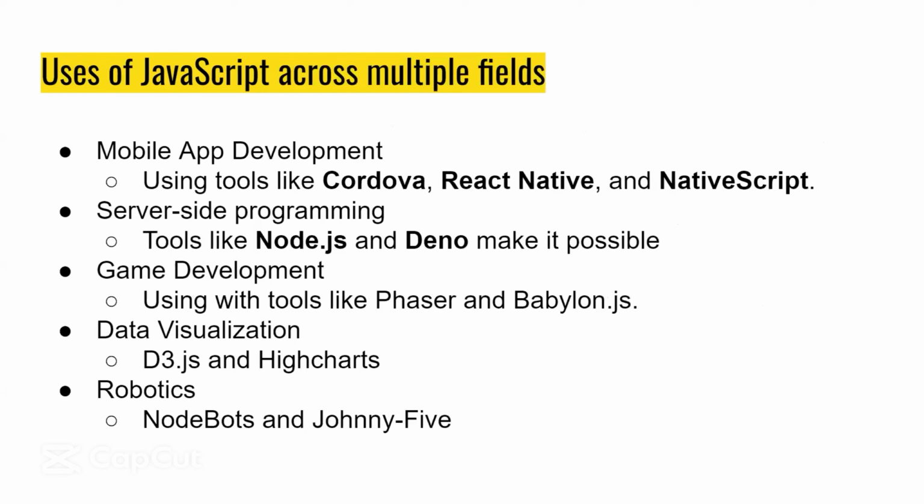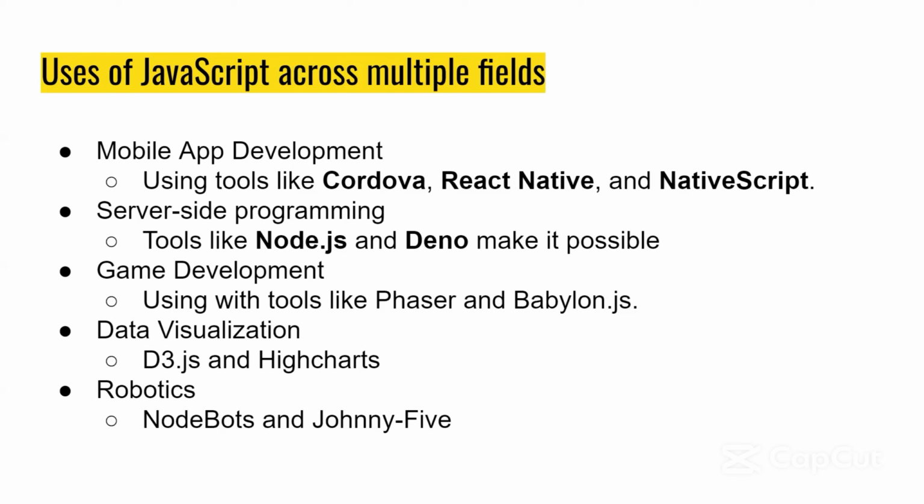And talking about the uses of JavaScript, like I said, it was initially developed for web development. But over time, the language has evolved so that you can use JavaScript across multiple fields. You can use JavaScript even in mobile app development.